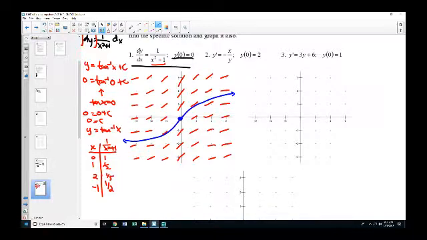Why is that not accounted for in your slope field? Or why do you not have to account for it? Because you'd also have to do that at 3 pi over 2, right?